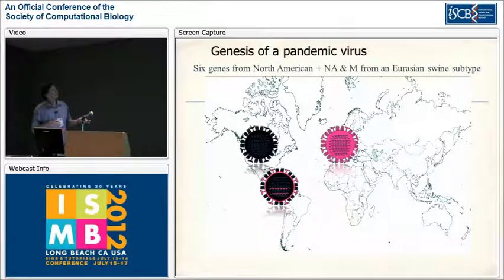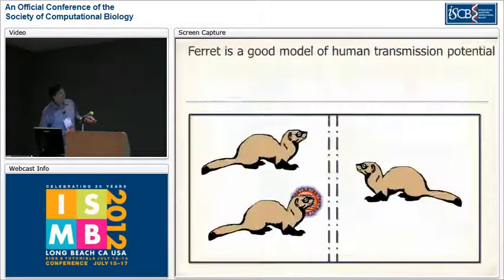There is a North American parent, which donated 6 genes, and the Euro-Asian parent, both in swine, which donated 2 genes, the neuraminidase and the matrix protein. And this is how people used to model influenza in animal models rather than human.